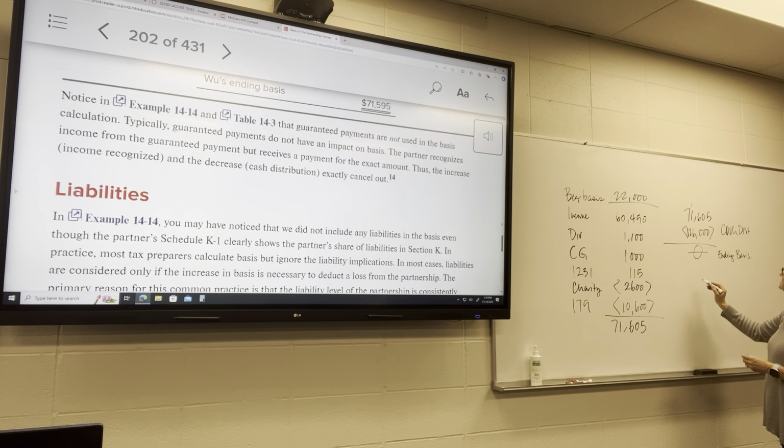And the difference between these two, what's 126,605 minus 71,605... 54,395. They're going to have to pay tax on this; it will be considered a dividend.